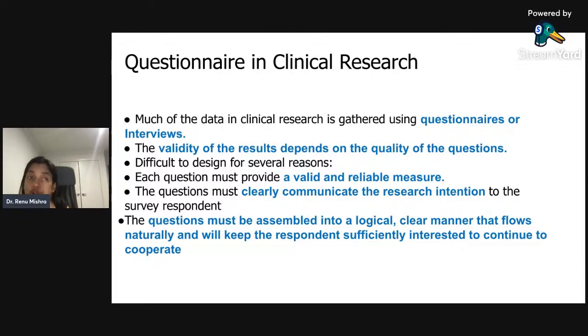That will not harm the respondent, but to you as a researcher, it will bias your results because you don't have proper information from the respondents. So you can now understand how important it is to have the questions properly designed, properly arranged, and properly structured in a questionnaire. Okay?